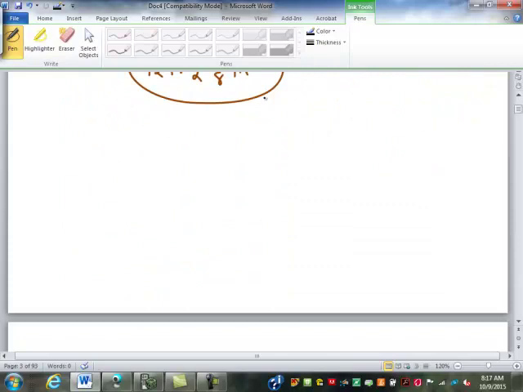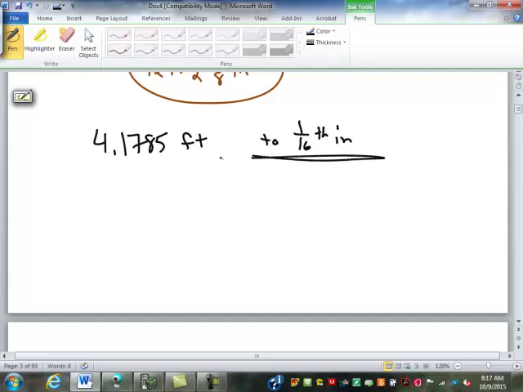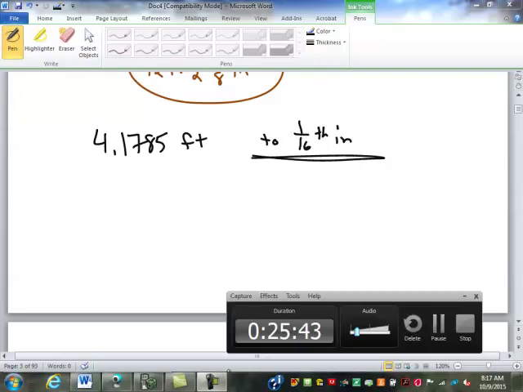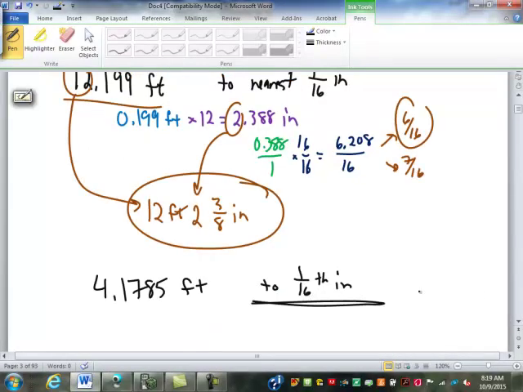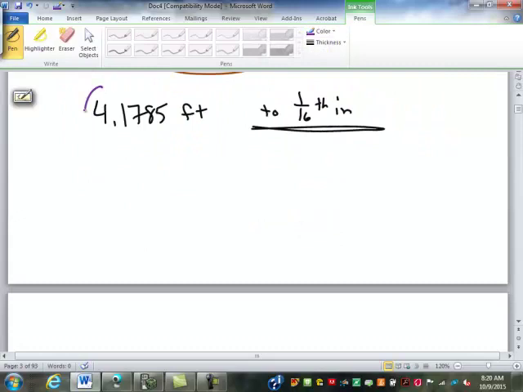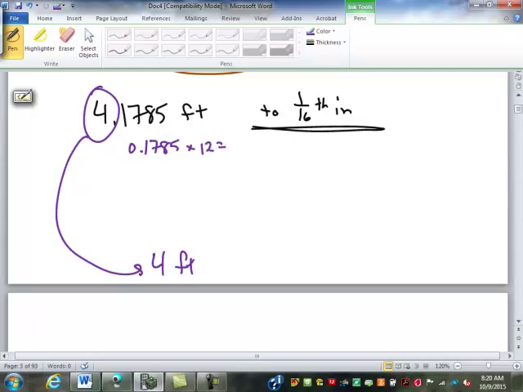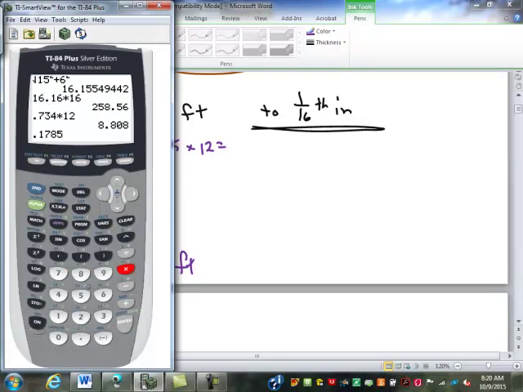So number 1 on the worksheet, 4.1785 feet to the nearest 16th of an inch. I want you to try that one quick before we go for a break. How many whole feet we got? 4. So we take the 0.1785 times 12. 2.142.